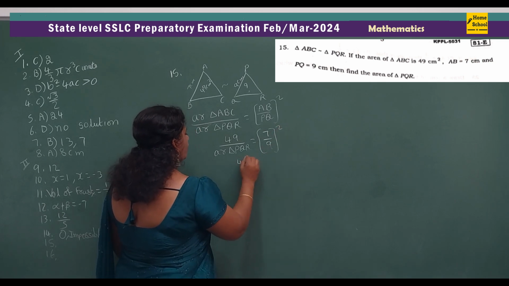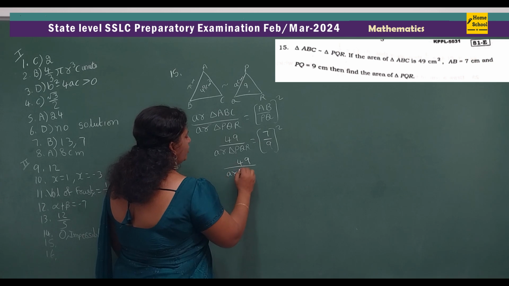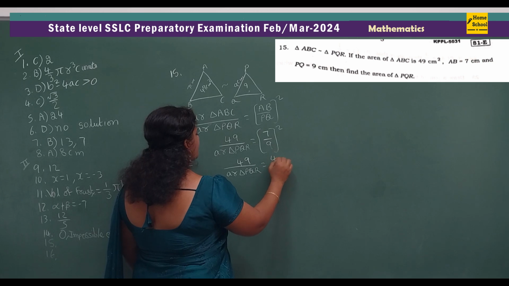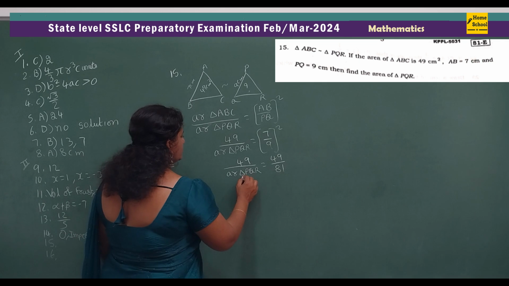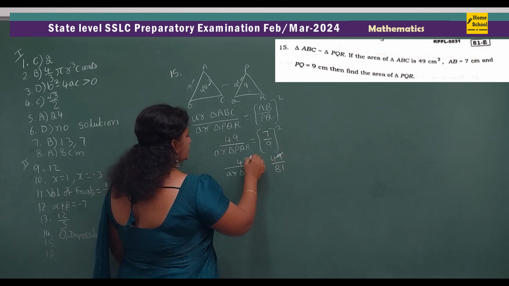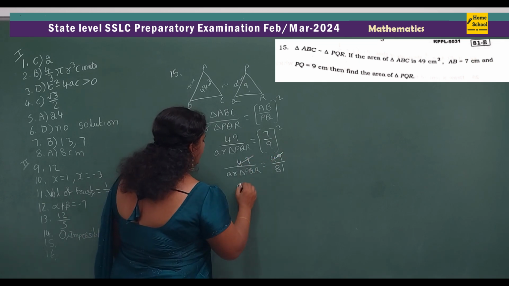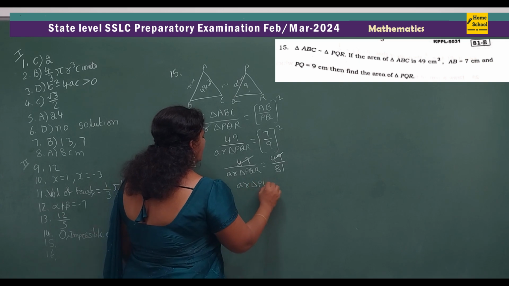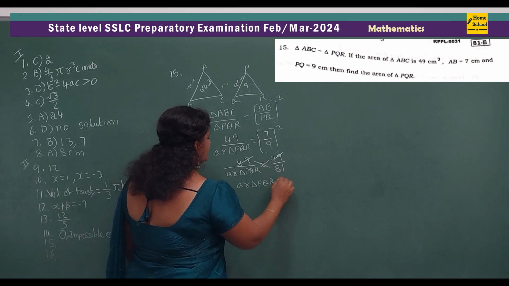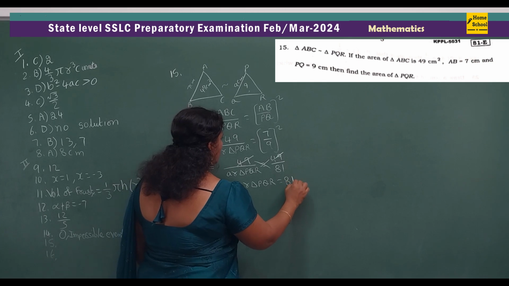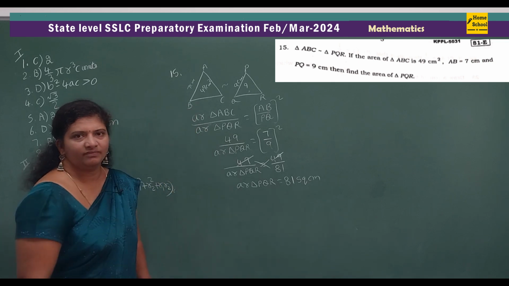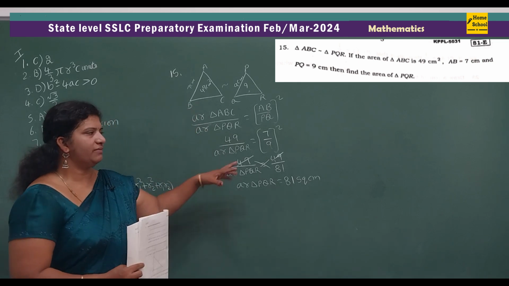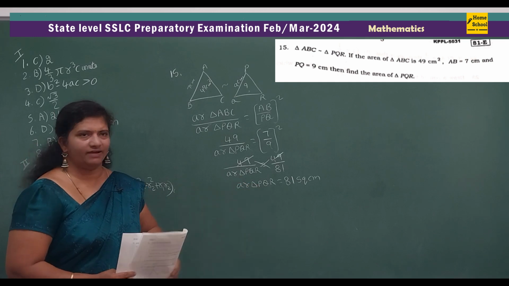That is 49 by area of triangle PQR is equal to 7 7s are 49 by 9 9s are 81. So if you transpose or if you cancel, what you are going to get? Area of triangle PQR is equal to 81 square centimeters. That's it. Just cross multiply or cancel, you are going to get the value.